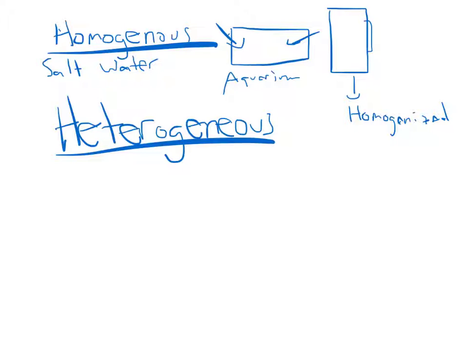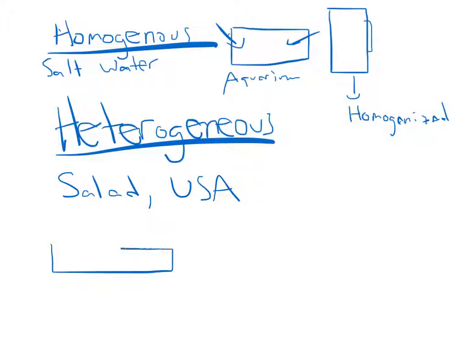A heterogeneous mixture would be a salad bowl or the US of A. It's a mixture of many different distinct substances, and you can see those differences. If you look at salt water, you can't see the salt from the water. If you look at a salad bowl, though, you'll probably see some leaves of lettuce.